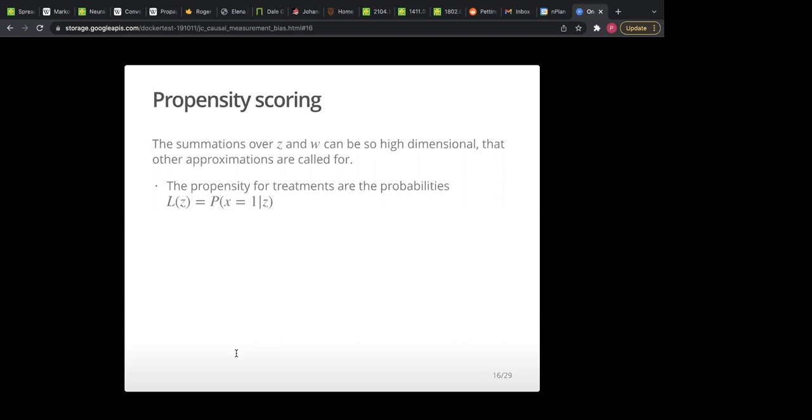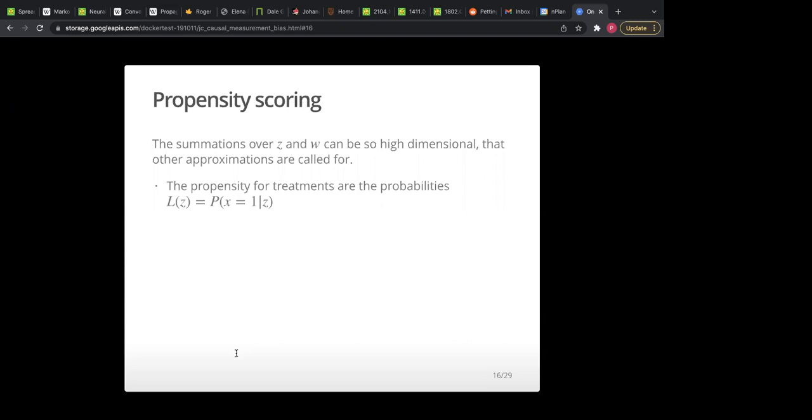So what can one do? One trick that works for this particular causal diagram, when the Z is all you need to understand the problem, is to take the propensity as a variable.